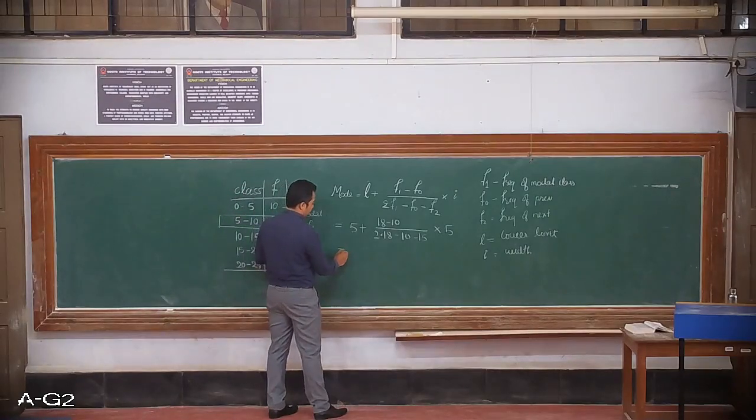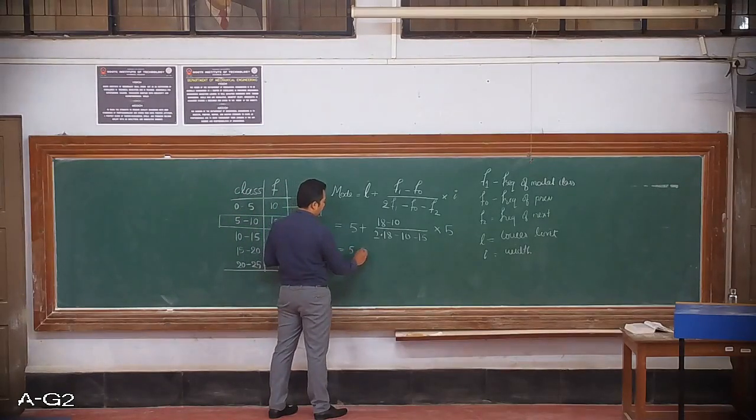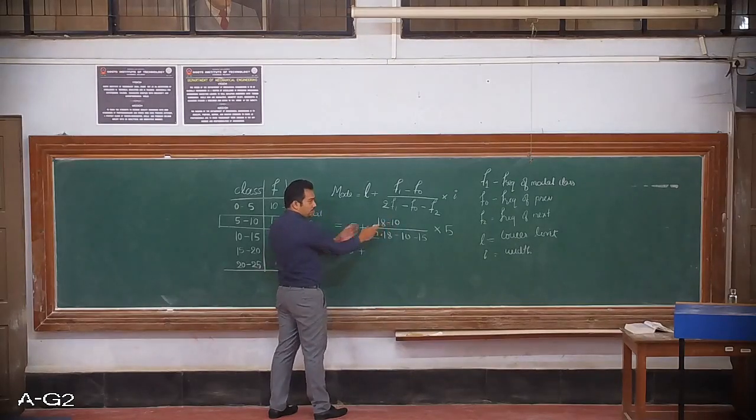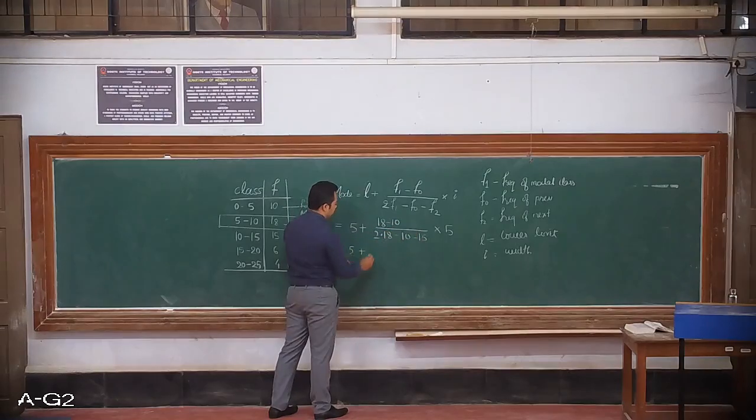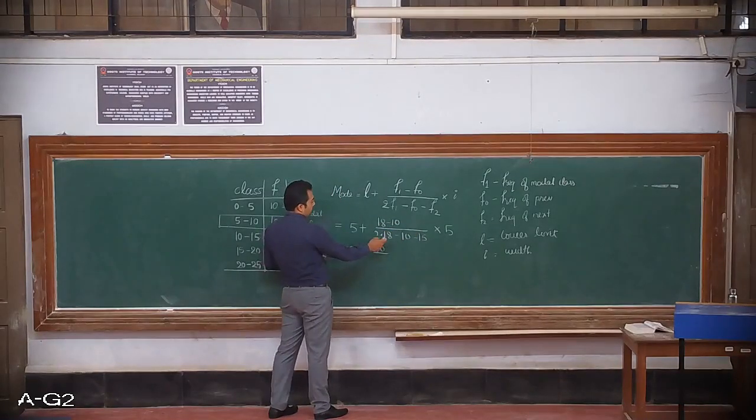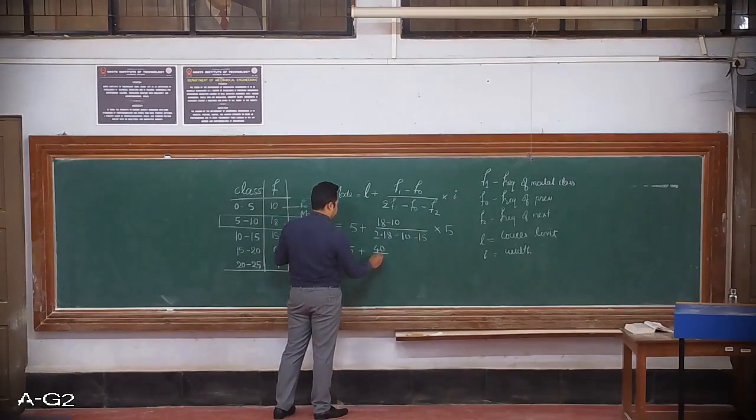Now 18 minus 10 will give you 8, and let me multiply that with 5, so that gives me 40. Okay, so 18 into 2 gives me 36, minus 25 gives me 11.